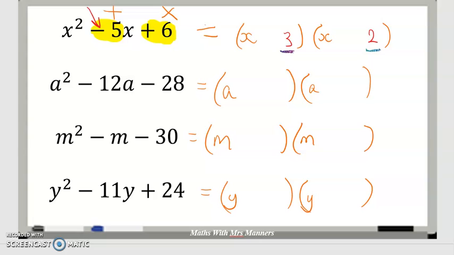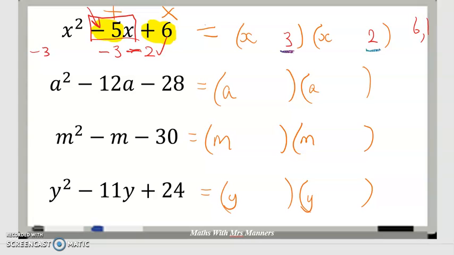I also know another possibility, which is 6 and 1, so we keep that in our minds as well, but that's all we've got. Now, if I want to get minus 5 when I add these, with 3 and 2 I would have to have a minus and a minus, because minus 3 minus 2 gives me minus 5.